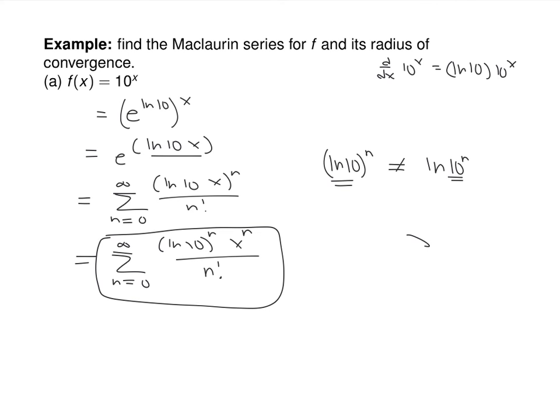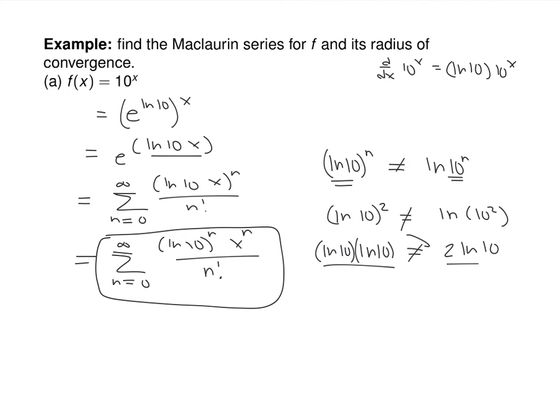You can prove it to yourself using some numbers, like plug in ln of 10 squared in a calculator versus ln of 10 squared in a calculator, and you're going to see that those two things are not equal. For one, this thing on the right is 2 natural logs of 10, whereas this thing is natural log 10 times natural log of 10. And usually a number squared is not equal to 2 times that number, so this is not true. Those parentheses are actually important.